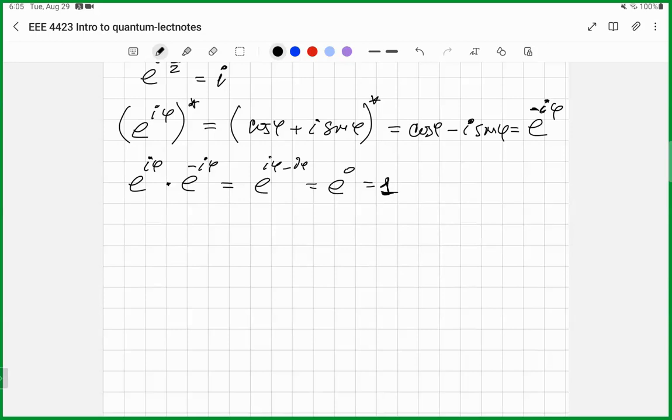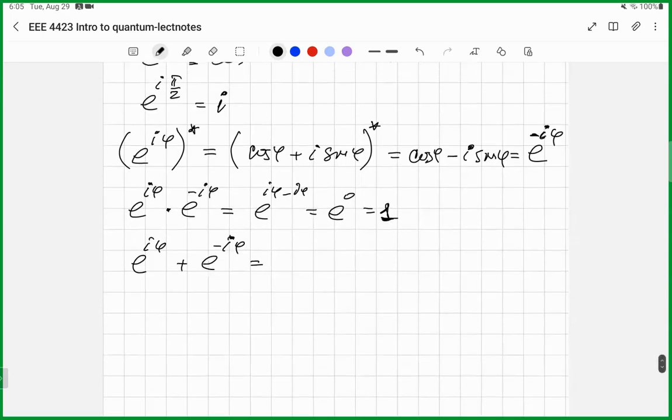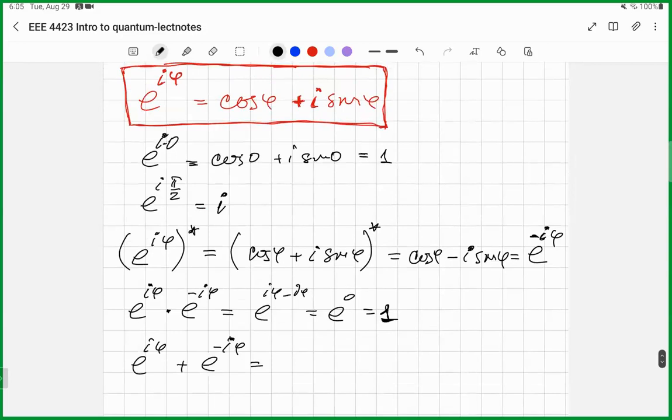At the same time, if we take the sum of the two, e to the power of i phi plus e to the power of minus i phi, what would we get from Euler's formula?